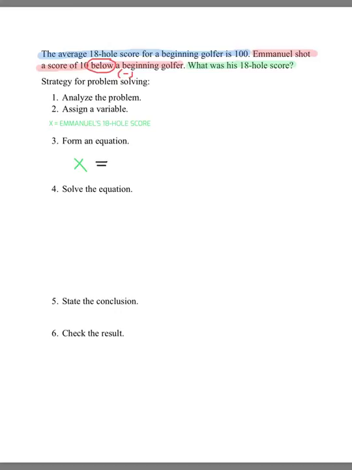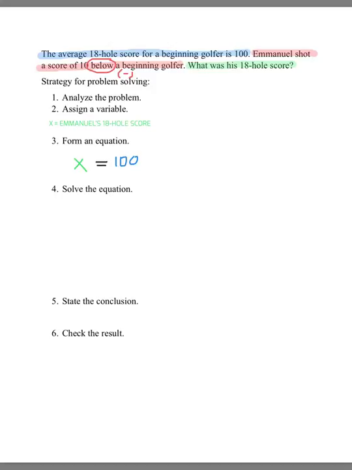So since his score is 10 below the beginning golfer, and we're also given the beginning golfer score, we can actually finish off our equation. So the beginning golfer scores an average of 100. And we know that Emmanuel scored 10 below that.